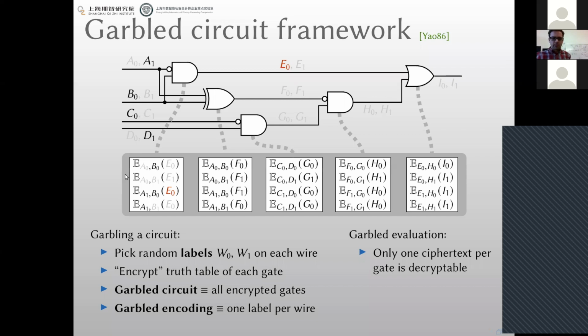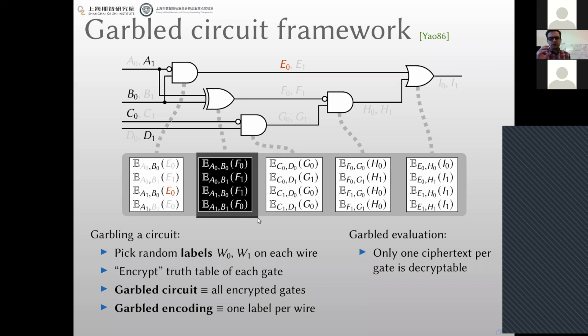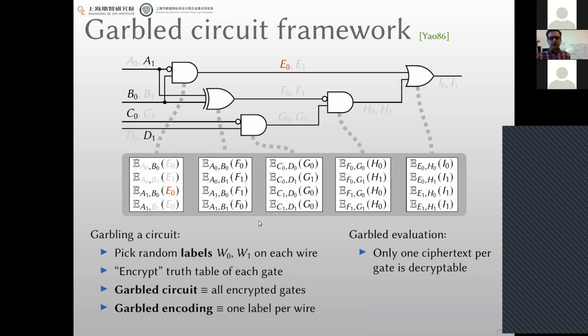But for this example, I want you to imagine that for every gate, there are 4 ciphertexts. They are shuffled into a random order, and then Bob will try to decrypt. Bob knows that he has this key and he has this key. He'll try to decrypt all 4 of these with those keys, and only one of those decryptions will succeed. So I hope that answers the question. But yeah, that is important. Great.